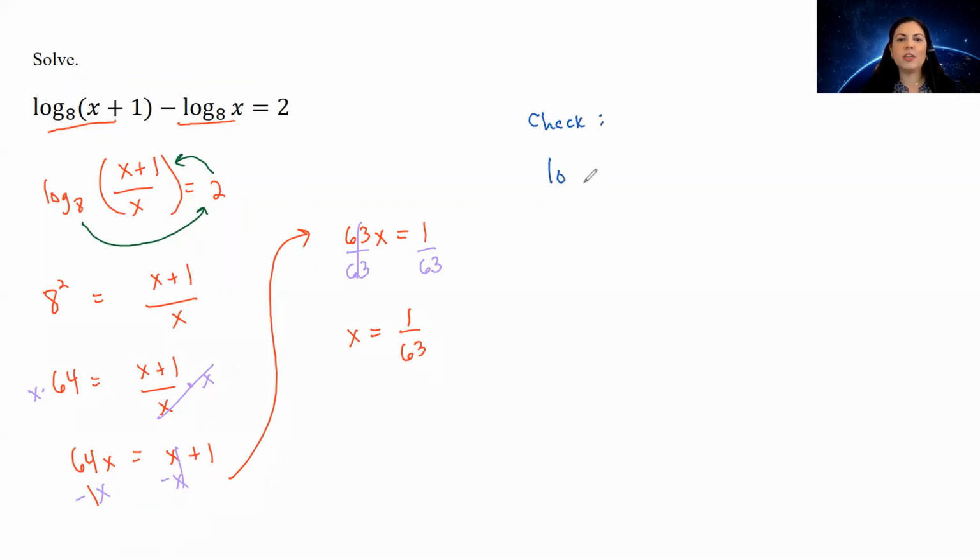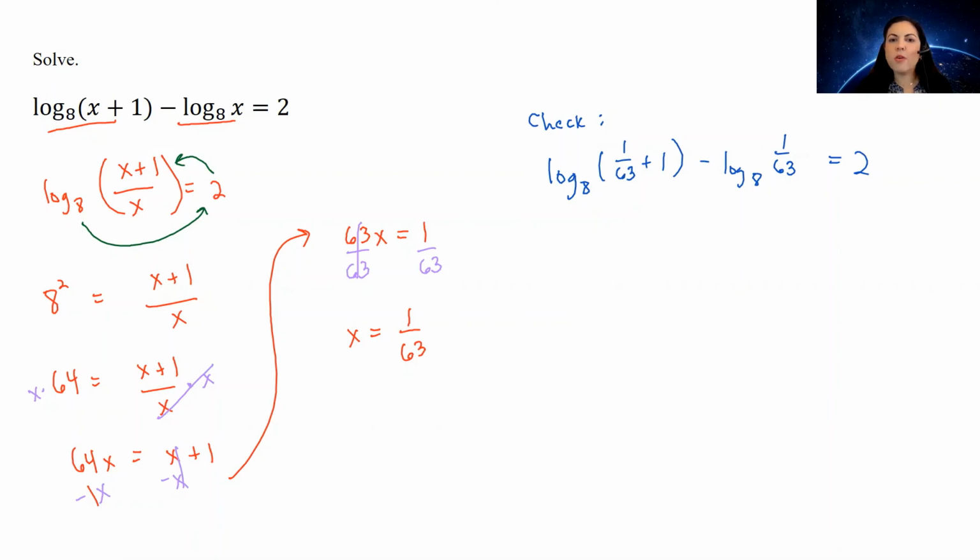So I want to check, does log base 8 of 1 over 63 plus 1 minus log base 8 of 1 over 63, does that equal 2? So in my calculator, I want to show you a way that we can type this in.